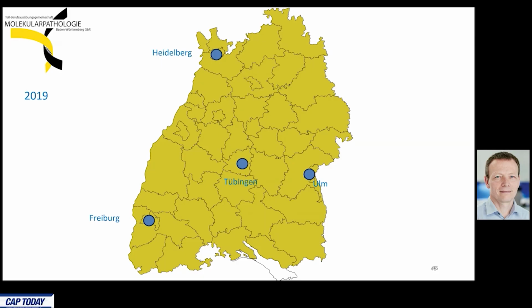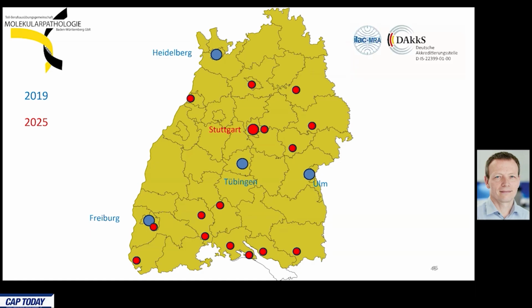That is home to four large renowned university hospitals with large sequencing laboratories. And we founded our laboratory in 2019 with 14 pathologists together, and have since been able to gain many new clinical partners in the region, and we are now accredited.